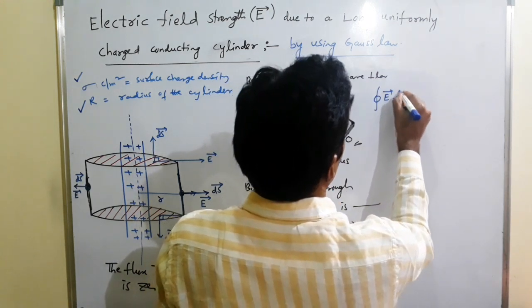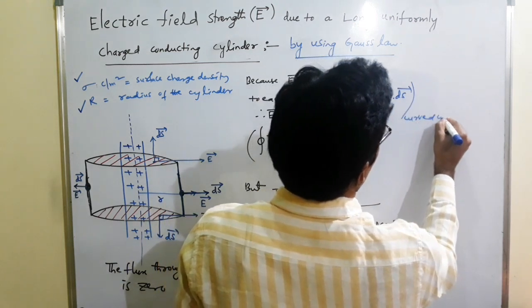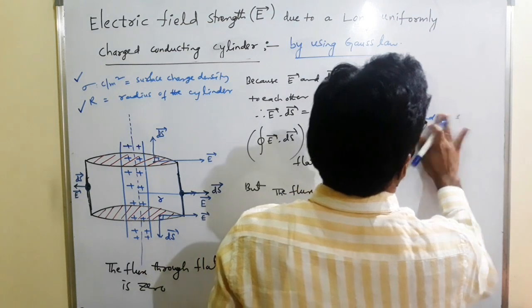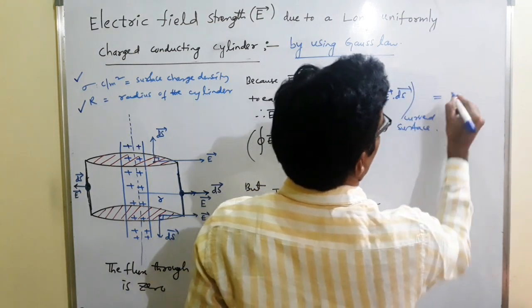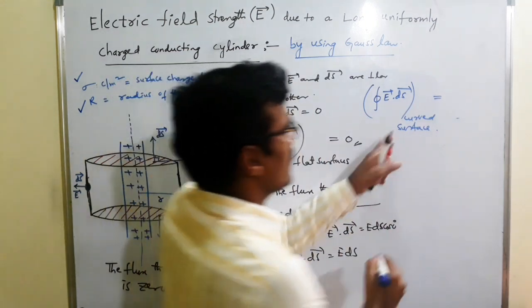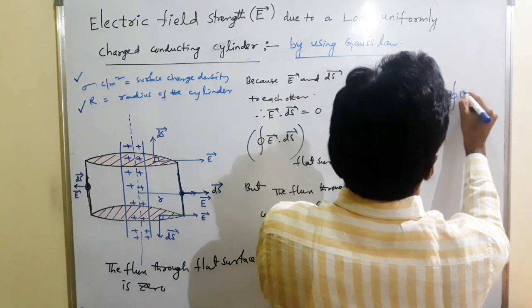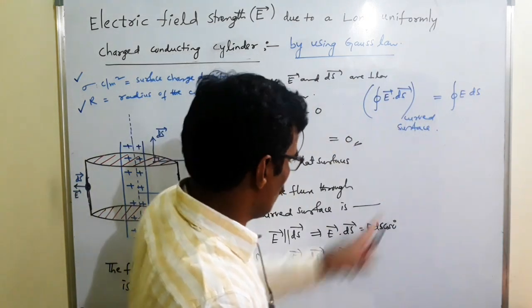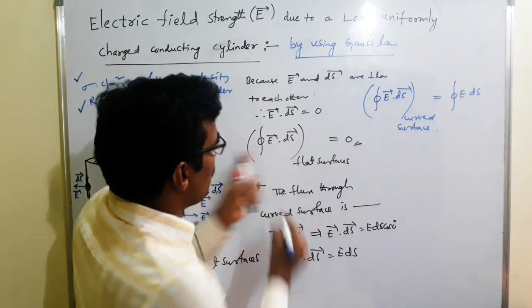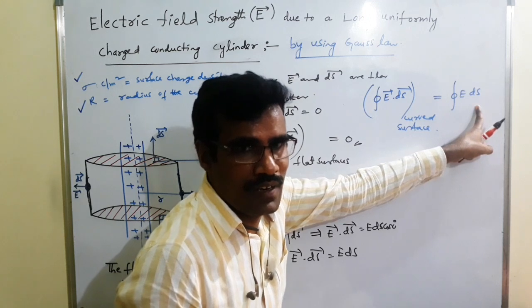Total flux through the curved surface, students, is equal to integration E ds. So due to flat surface flux is 0, due to curved surface this one.